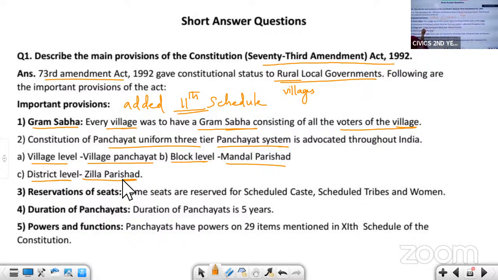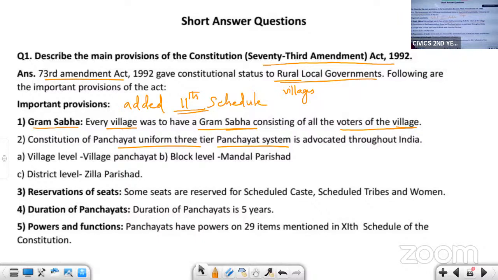Okay, village is the smallest unit of administration. Above, villages together will form one mandal, and few mandals together will form one Zilla or district. So for villages, we have village panchayat, for mandals, we have mandal parishad, and for districts, we have Zilla Parishad.